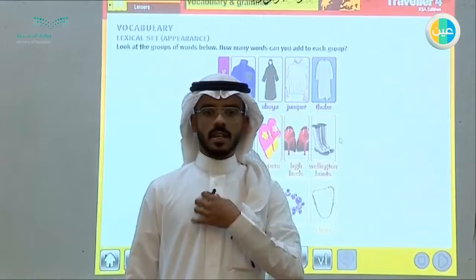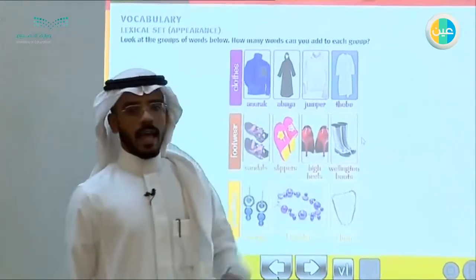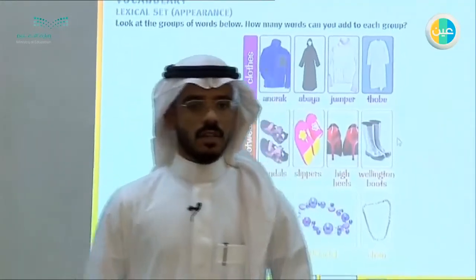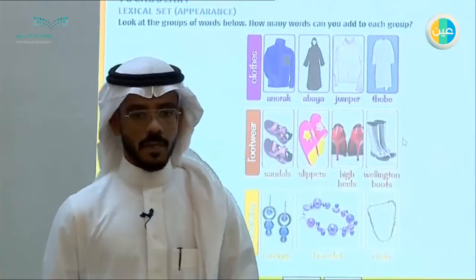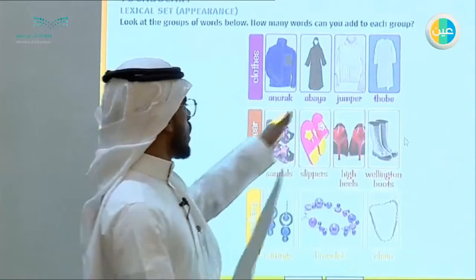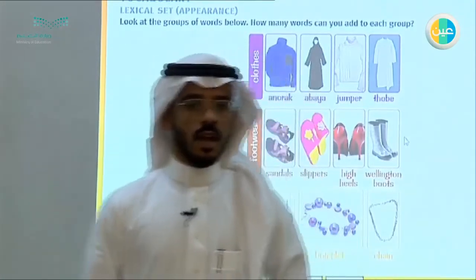Clothes, malabis, clothes. So let's take the first one, anorak. Anorak, this is a coat. You wear it to protect yourself from the rain. The second one is abaya, and you use it for women.